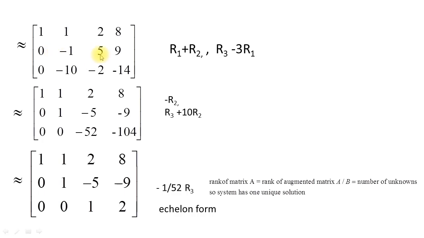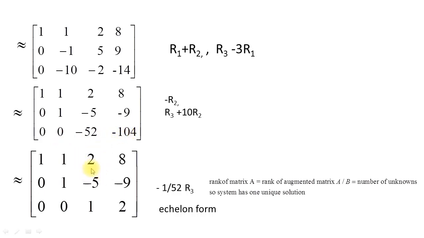Now, multiply R2 by minus 1 to obtain plus 1 on the diagonal, so we obtain 0, 1, minus 5 and minus 9. After that, multiply the second row by 10 and add the result to R3. 10 times R2 added to R3, we obtain 0, 0, minus 52, minus 104.